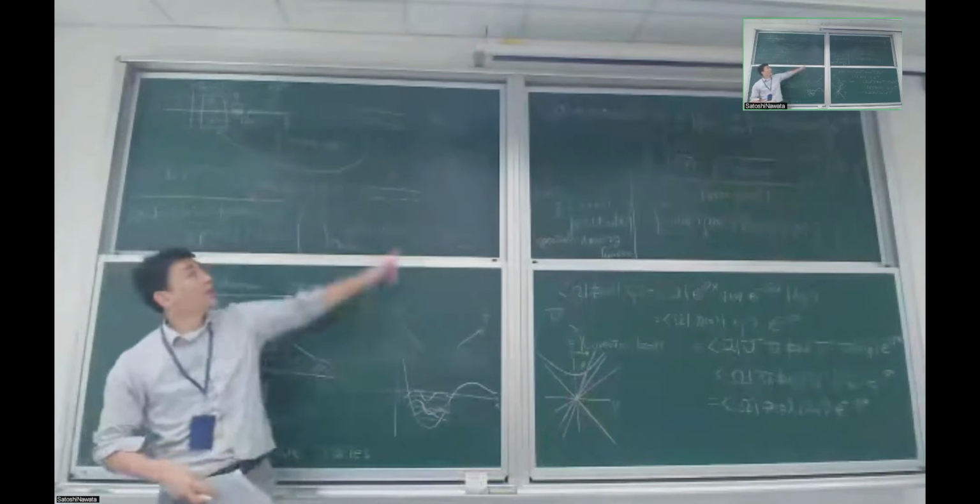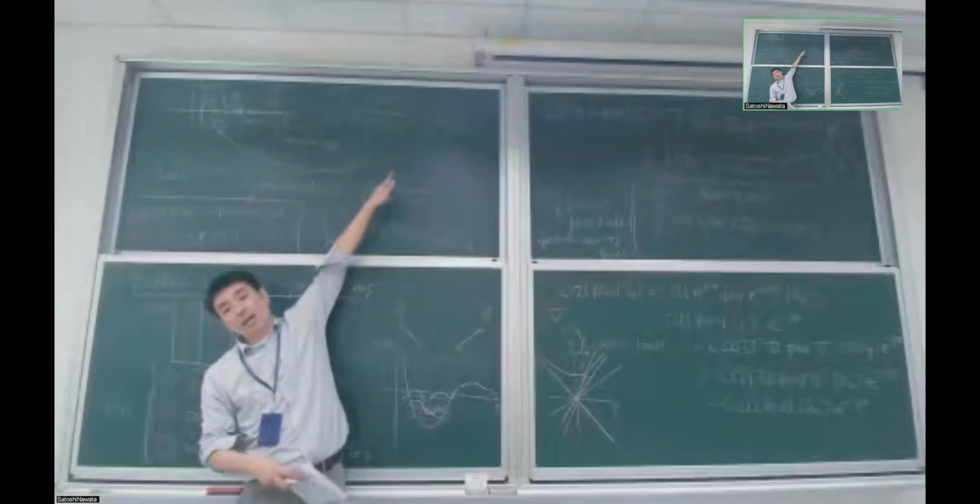This is a typical form, and this Z can be understood as the field strength renormalization.